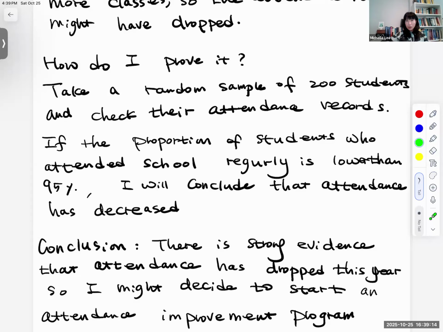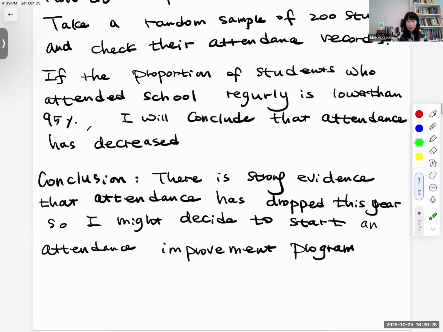If the proportion of students who attended school regularly is lower than 95%, I will conclude that attendance has decreased. So the conclusion: there is strong evidence that attendance has dropped this year. So I might decide to start an attendance improvement program.